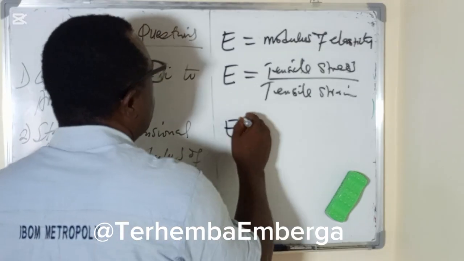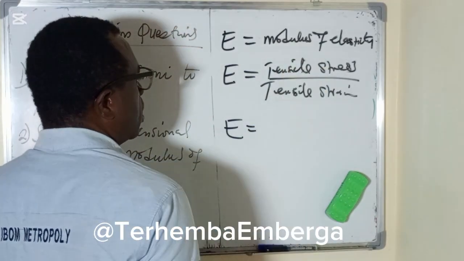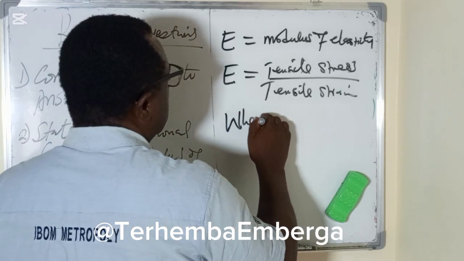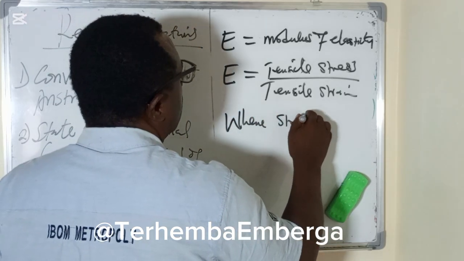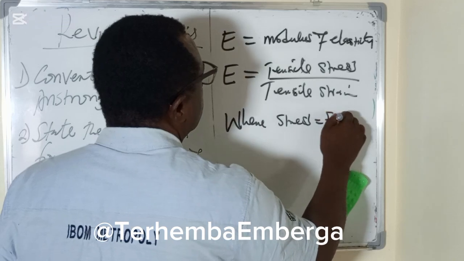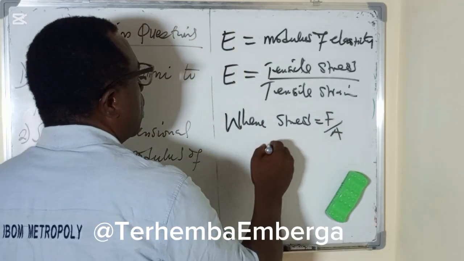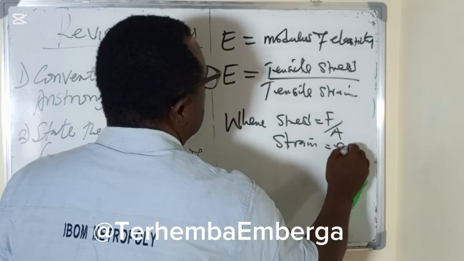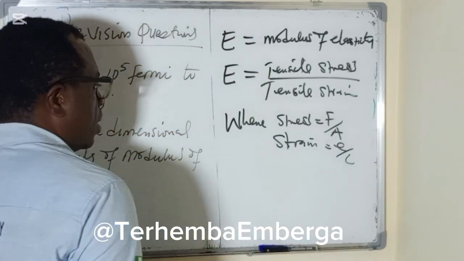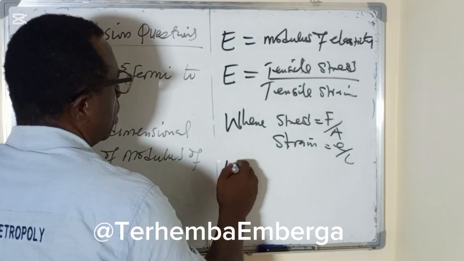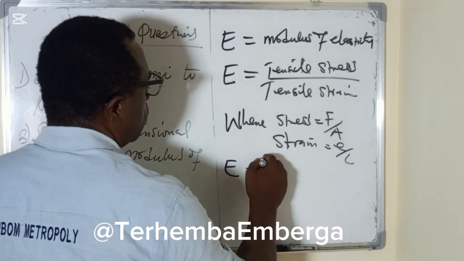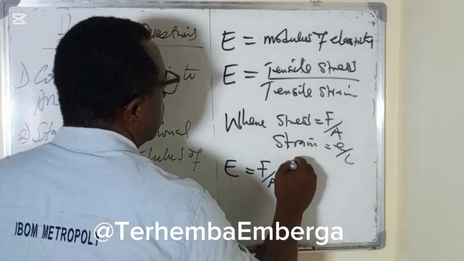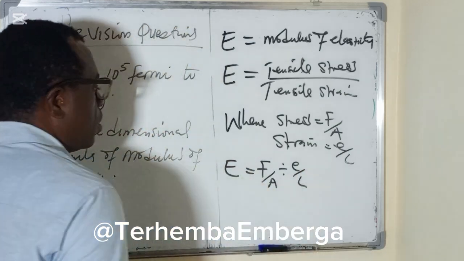So E now will be equal to, where stress is given as force per unit area and strain is given as extension per unit length. So we can write E to be equal to F over A divided by E over L.